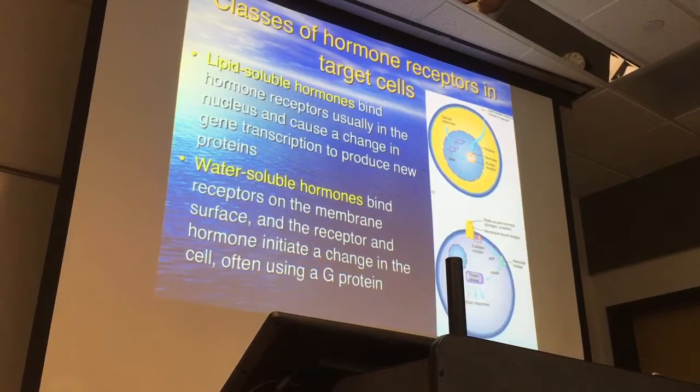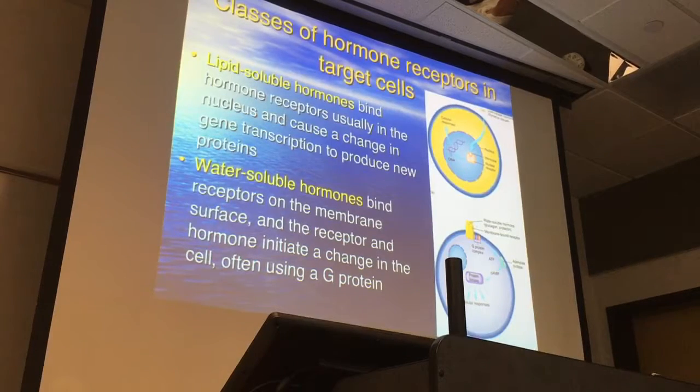Sometimes they go through a G protein, activate an enzyme already existing, and then that activates other enzymes that produce the response. So it's a quick response of the cell. Whereas this one will take hours to a day, this can happen in minutes in a receptor cell. Okay? So the difference between these two is just simply the nature of the hormone, lipid soluble and water soluble. Everybody see the difference between these two? Important to understand.